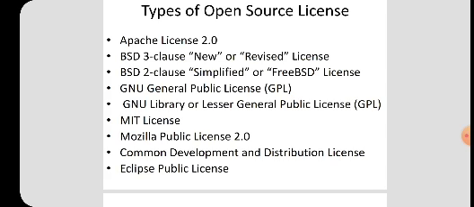What is the abbreviation for GNU? It is GNU's Not Unix. That is the abbreviation for GNU. The GNU General Public License, and then GNU Library or Lesser General Public License, that is LGPL. And then the MIT license.